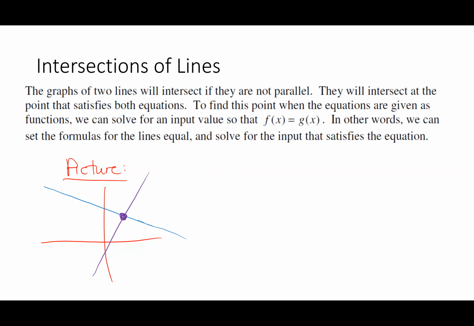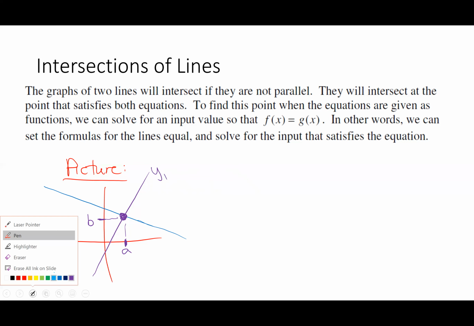So this is a coordinate point, and we'll call this x value A, and this y value B. This is on the line y1, and call this y2.